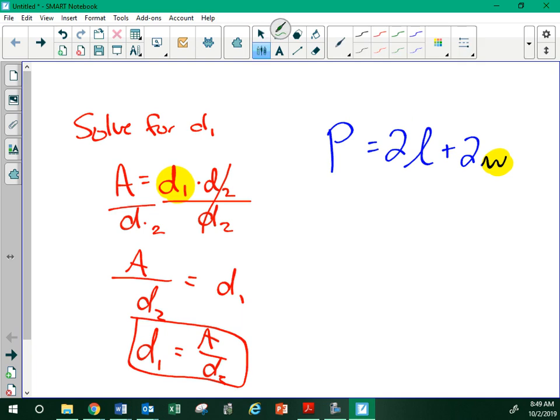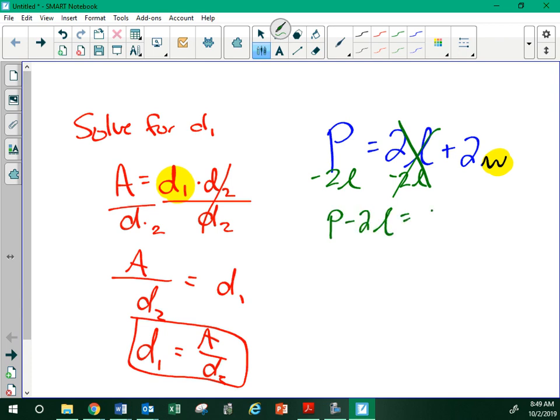Instead of solving for x, we're solving for W. Same idea, get rid of adding and subtracting first. I need to get rid of my 2L, it's a positive 2L. What's the opposite of positive 2L? Minus 2L on both sides. I cannot combine P and 2L, those are two different letters, so I just have P minus 2L.